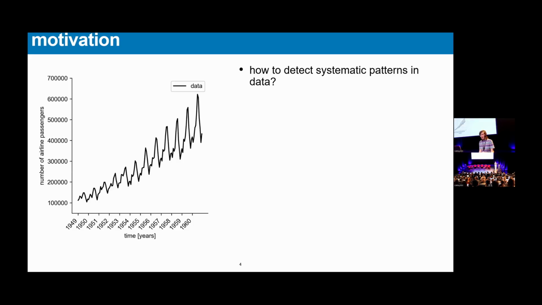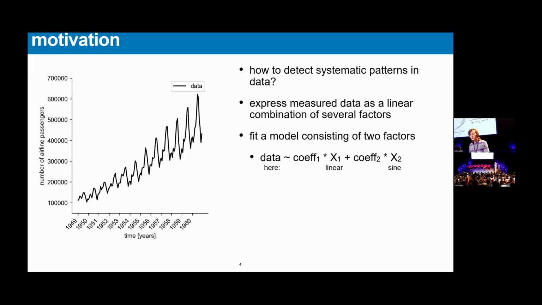So a general problem in science is that we often have interesting data and we want to detect systematic patterns in the data. I think many of you are familiar with doing some kind of statistical modeling with data. One approach is to express data as a linear combination of several factors.